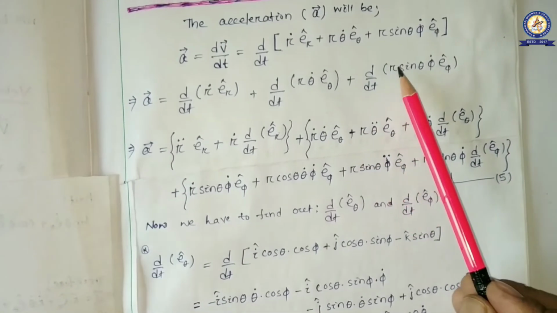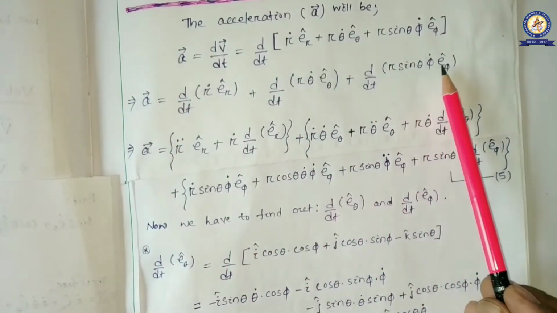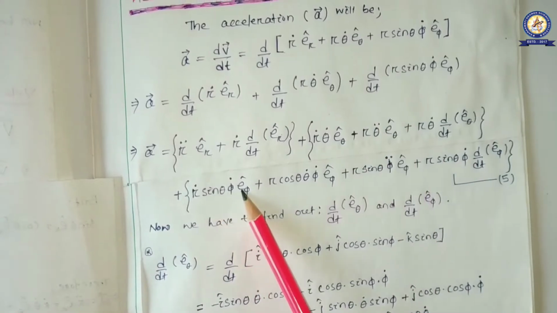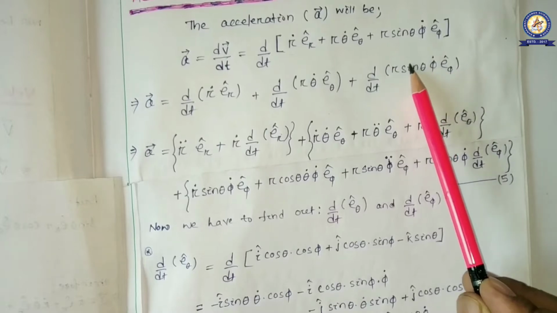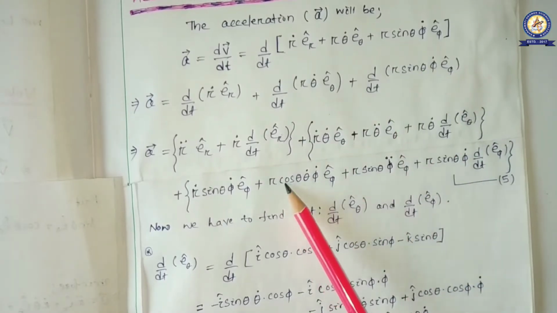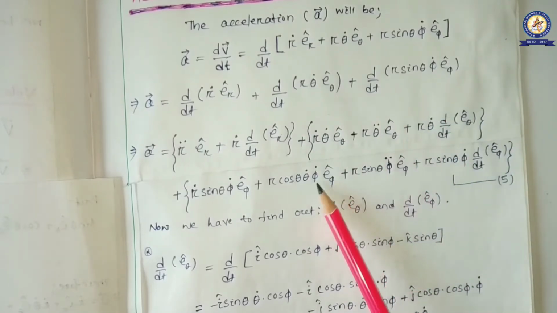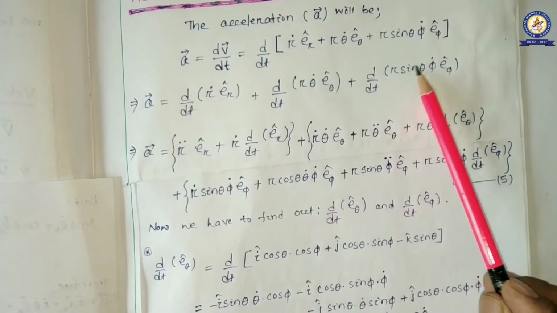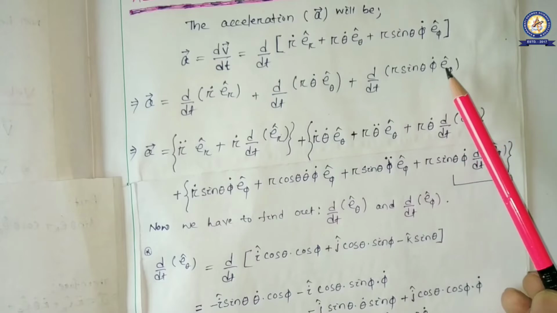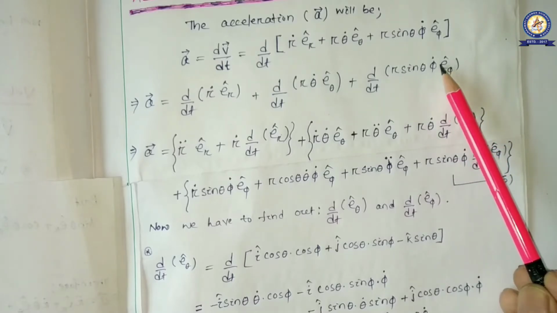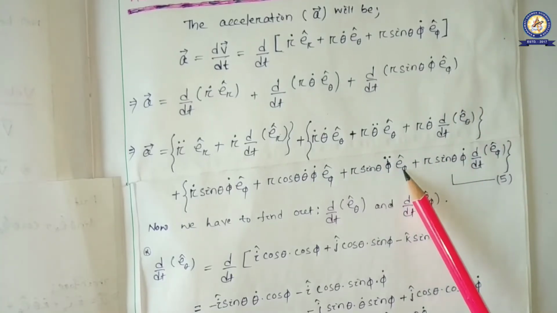Next we have to consider d by dt of this one. So first we consider d by dt of r, which is r dot, sin theta phi dot e_phi cap, written as usual. Then keep r and consider the derivative of sin theta, which is cos theta theta dot, phi dot e_phi cap, written as usual. Then r sin theta, we have to consider the derivative of phi dot with respect to t, that means d by dt of phi dot will be phi double dot e_phi cap, written as such.